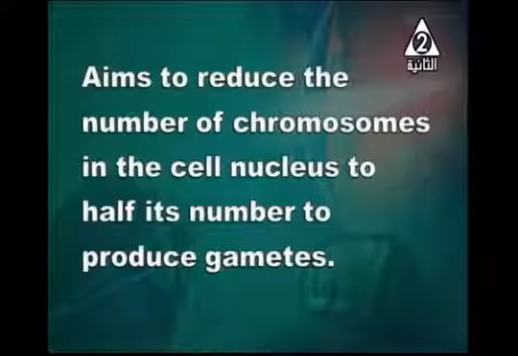The first meiotic division occurs to reduce the number of chromosomes in the cell nucleus to half its number to produce the gametes. So, the cell undergoes the first meiotic division stages to decrease its chromosome number by half for the formation of gametes.